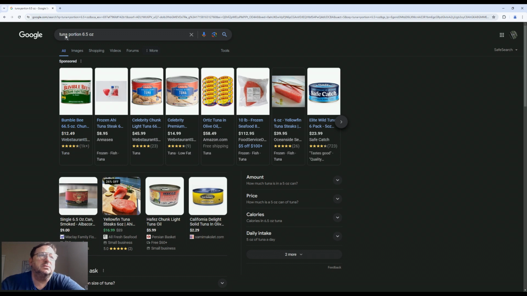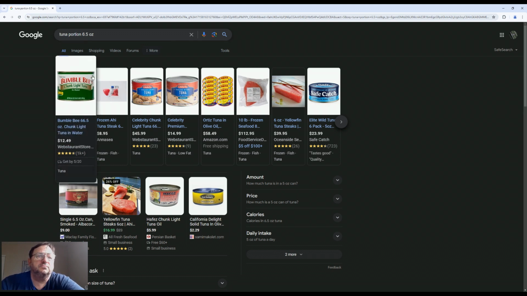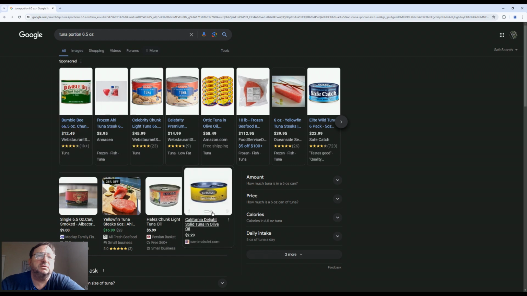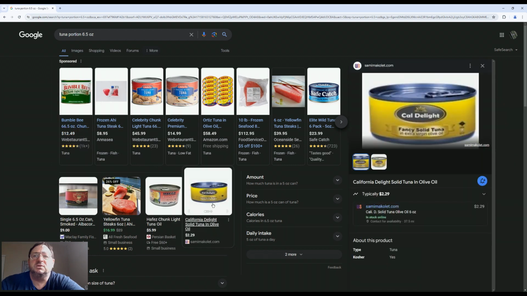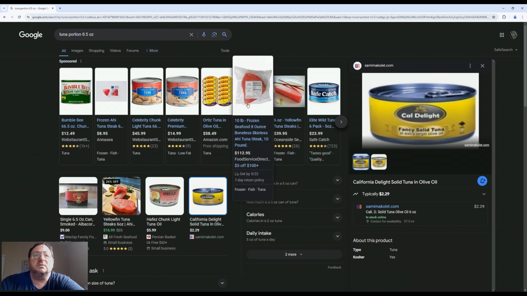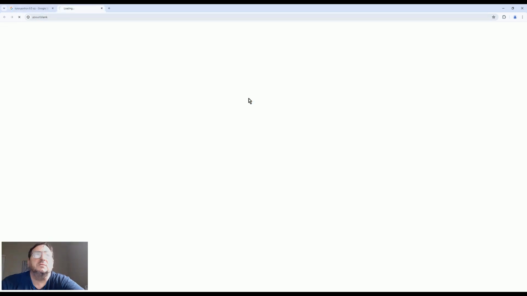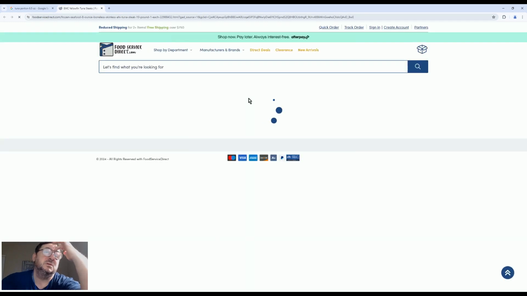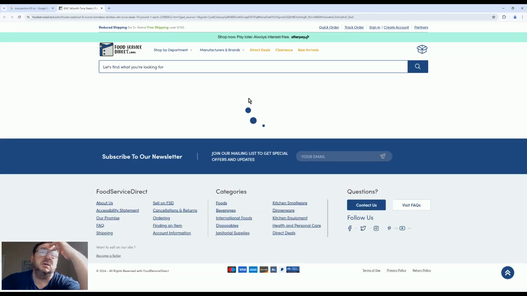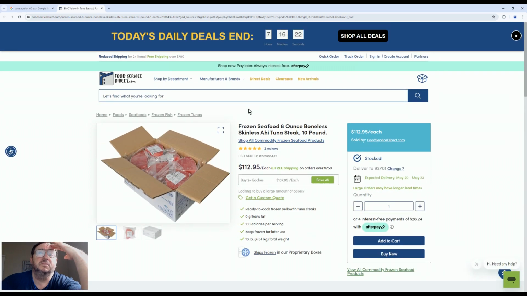So tuna. Well, that small can, how much, what's the weight? But I like fresh, I don't really like the can. But can is okay for sandwich. So then, ahi tuna, that sounds like from Hawaii.